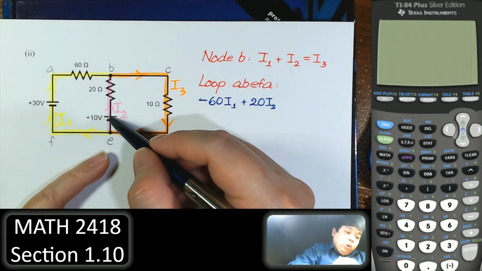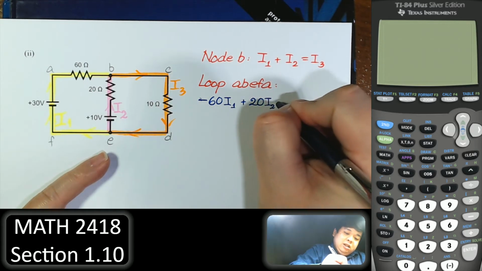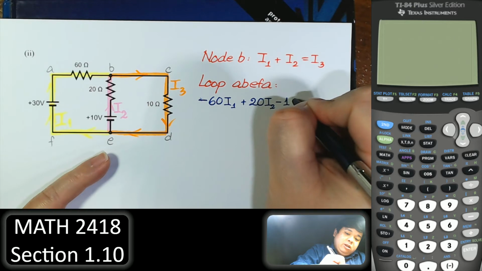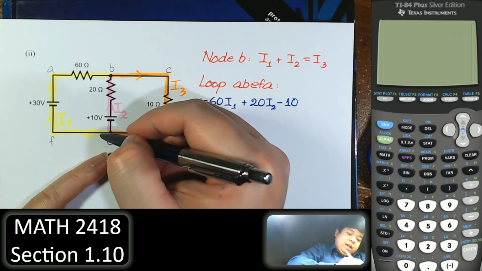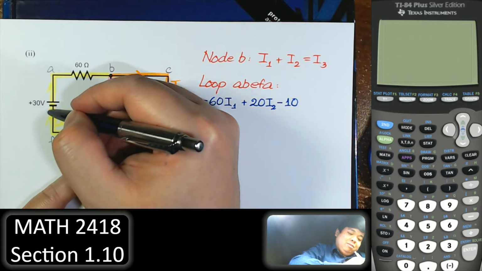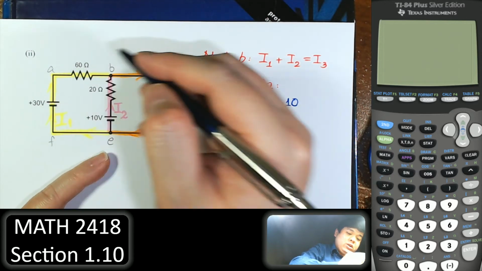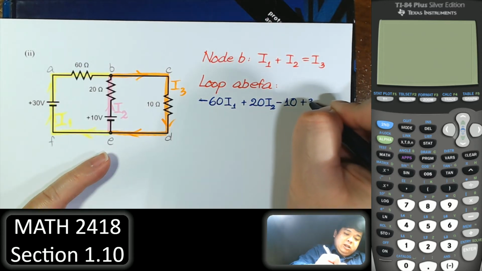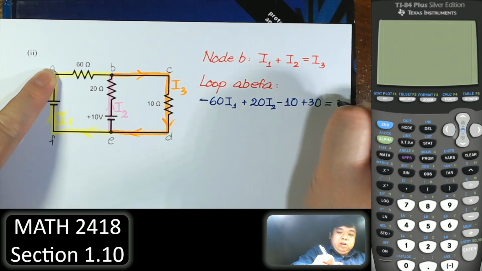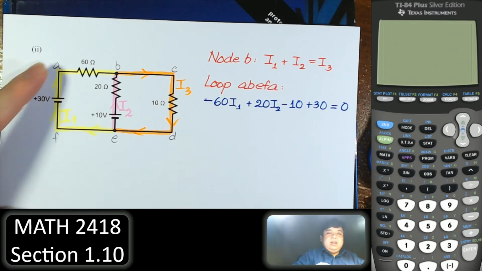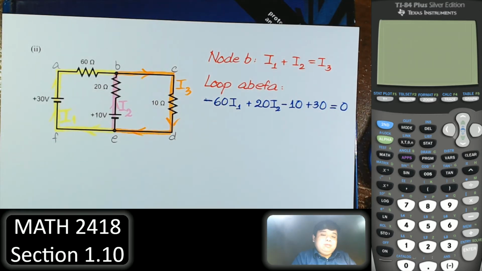And then next, we go against the direction of the battery. So that's minus 10 volts. And then from A to here, the same direction as the power source, that's plus 30. And back to A, we complete a loop, so the voltage back to 0. In the closed loop, that will be 0. Right, that's the first loop.